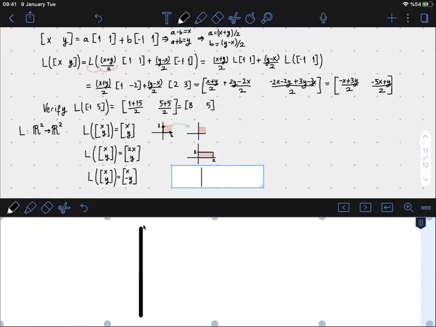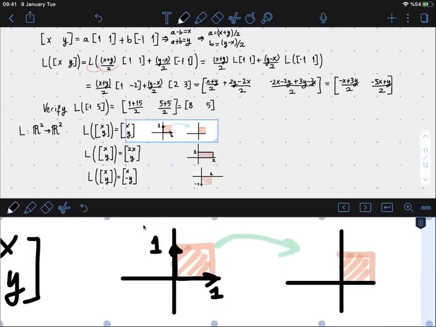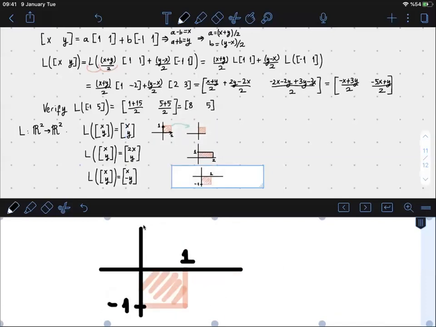So it's basically flipping the regions, right? So this time this takes that square and sends it into this square. So it's minus 1, and this is 1. So the image of a square here is flipped with respect to the x-axis. Okay, this is the x-axis, this is the y-axis. Any questions?